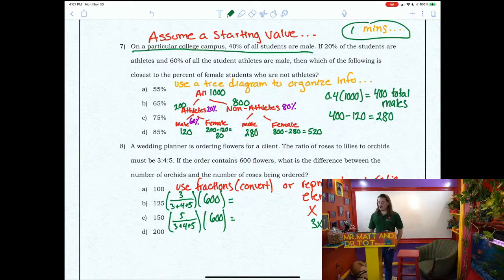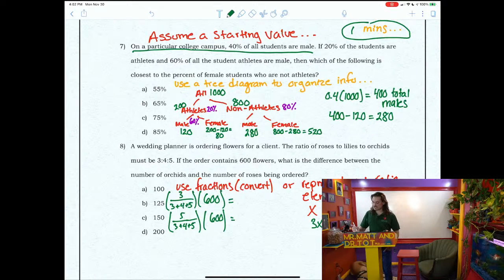Then I can figure out that if there's 400 total males and 120 of them are athletes, then 400 minus 120, or 280 of them, are non-athletes. Then I know that there's 800 total non-athletes. So 800 total non-athletes minus 280 male non-athletes would give me 520 female non-athletes.